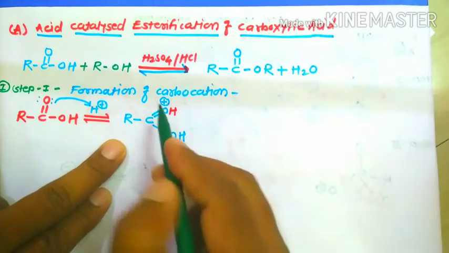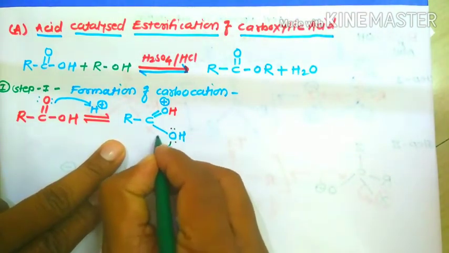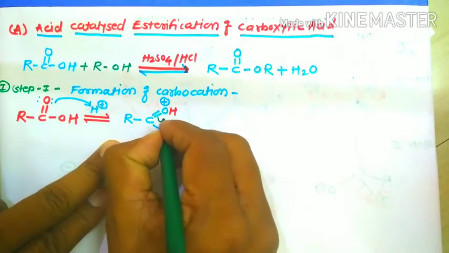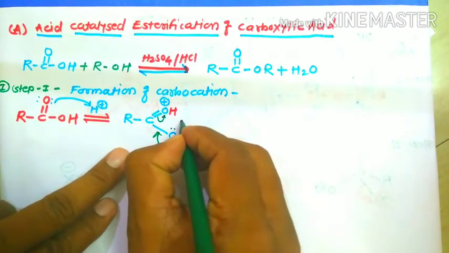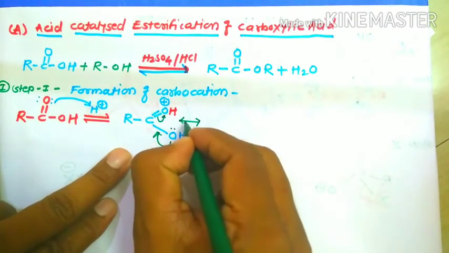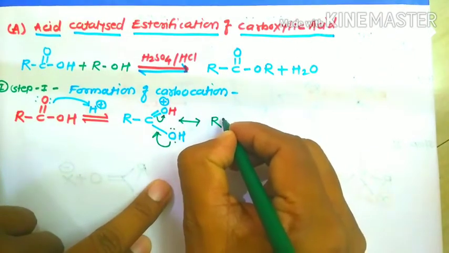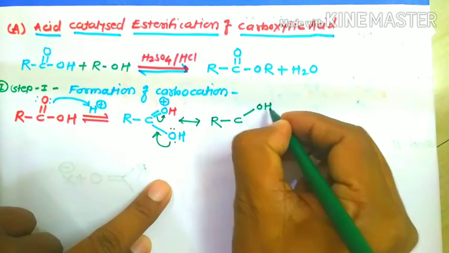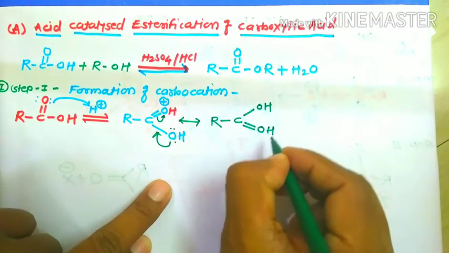Since the oxygen has positive charge, the non-bonded electron pair coordinates to form a single to double bond, and the bonding electrons shift toward the electron deficient oxygen atom to form a resonating structure, that is R C OH double bond OH.